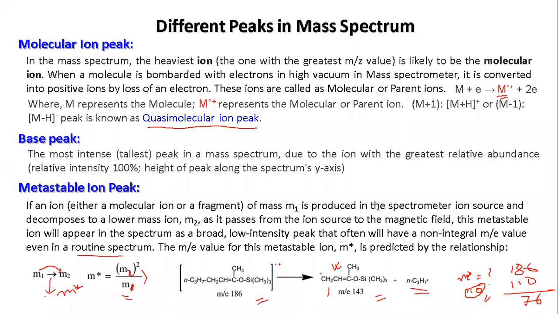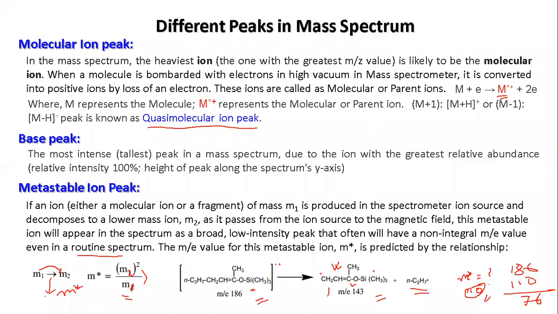What you have learned here: the molecular ion and the quasi-molecular ion, those we termed as the parent ions. But parent doesn't always refer to the molecular ion peak. Any ion which can degrade further to generate another ion, the source ion, we always call the parent. In this case this is parent and this is daughter.